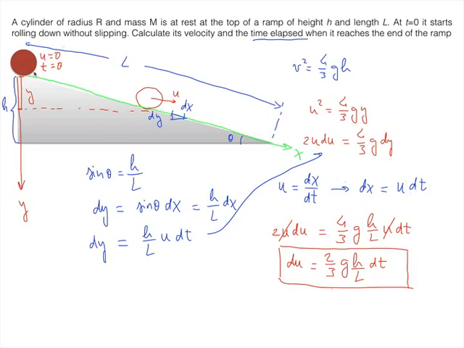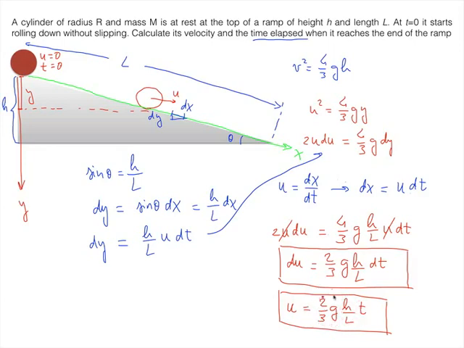So applying these initial conditions in the integration of this equation, we get that the velocity alongside the ramp at an instant t equals 2/3 times g times h over L times t. So this is the general equation for the velocity as a function of time, and we see this is a uniformly accelerated movement.